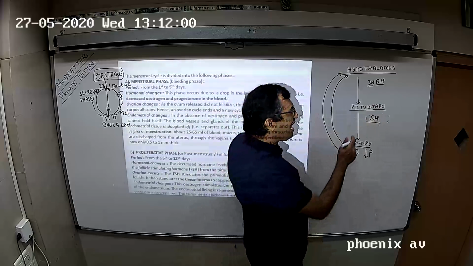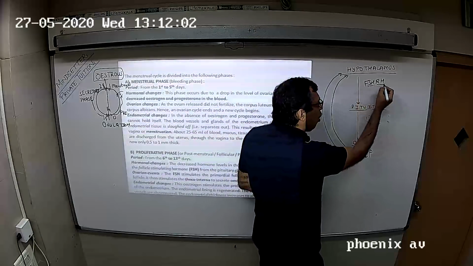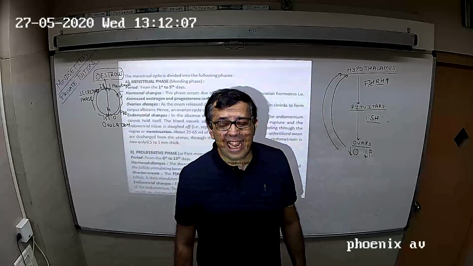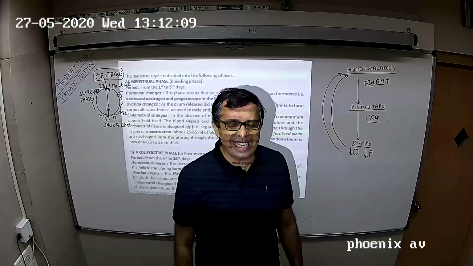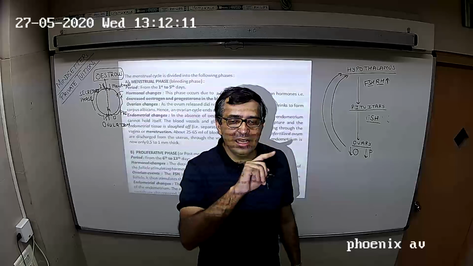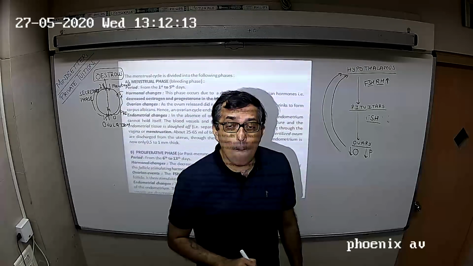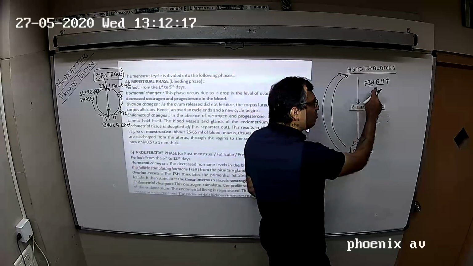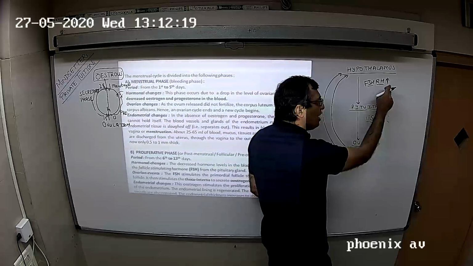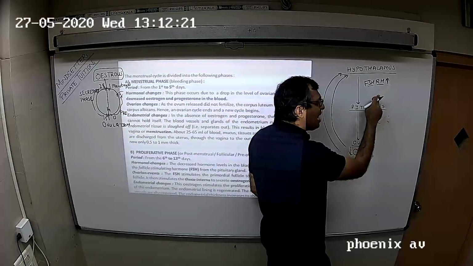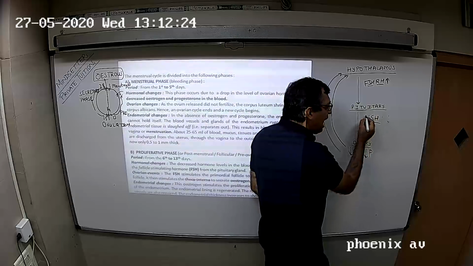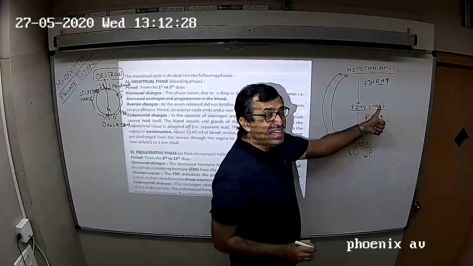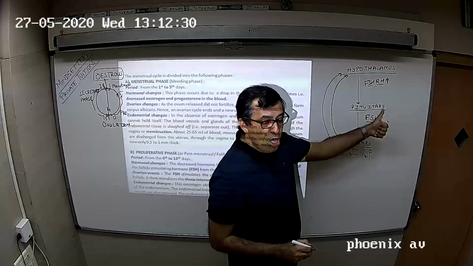So hypothalamus starts giving out the hormone called follicle stimulating hormone releasing hormone. If you remember, these are gonadotropin releasing hormones. And FSH-RH levels will become high, will act on the pituitary, and pituitary will give out more of follicle stimulating hormone.